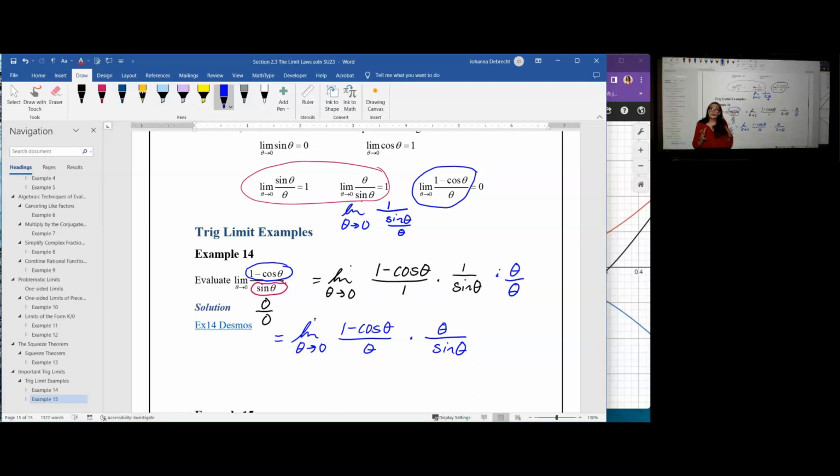Then I can apply the product rule and split this into the product of two different limits. This then will give me the limit of the first factor multiplied by the limit of the second factor.